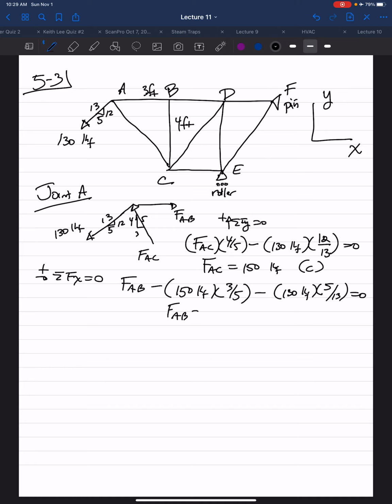Solve for FAB. You get FAB is 140 pound force and it's pulling, so it's in tension.